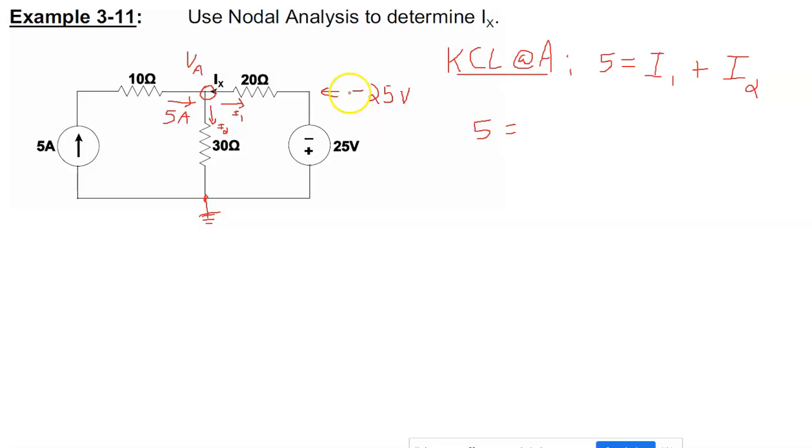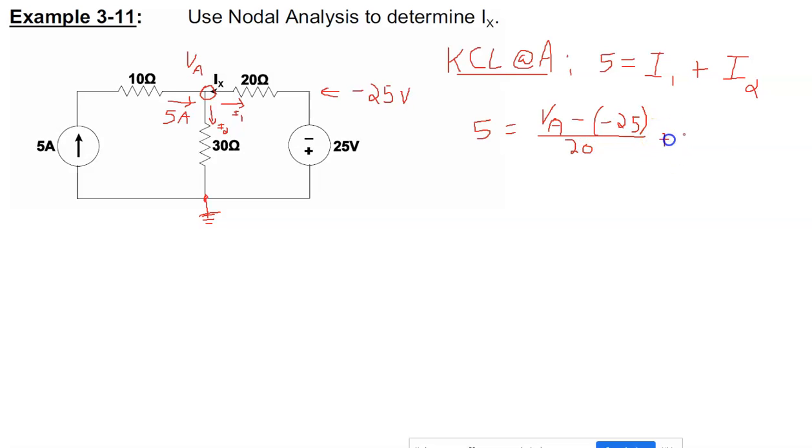So remember, I1 flows from a place of higher potential to a place of lower potential. So the voltage drop across it is VA minus -25. VA on one side, subtract the voltage on the other side, which is -25, and on the bottom goes 20 ohms.